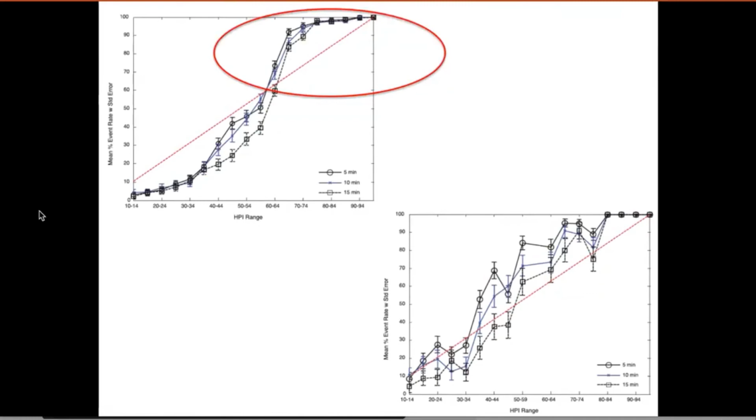So here you can see the patients who will have a high prevalence of hypotension episodes, and for those patients the curve is above this diagonal line, which essentially means that the algorithm is under-predicting the risk of hypotension here.